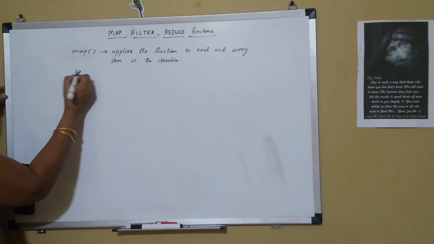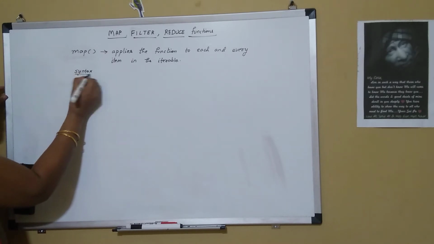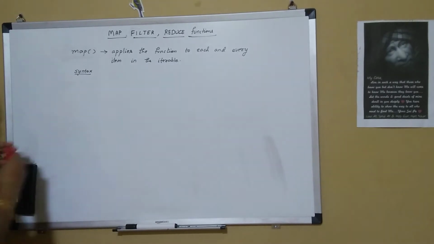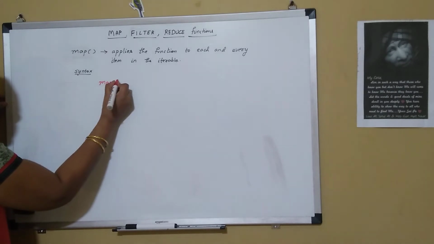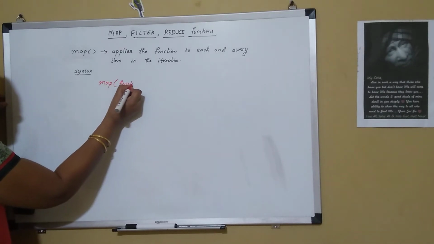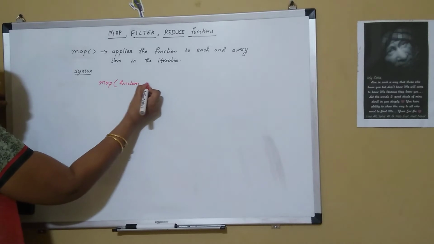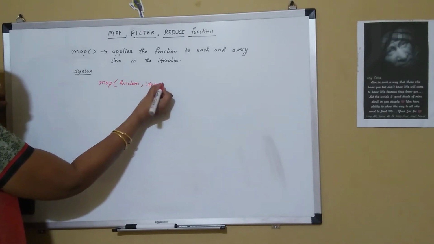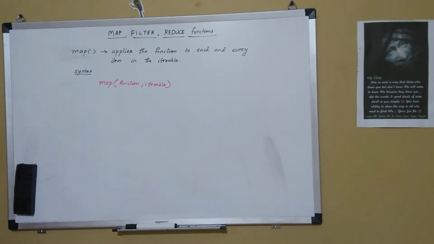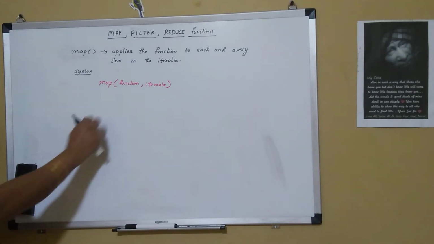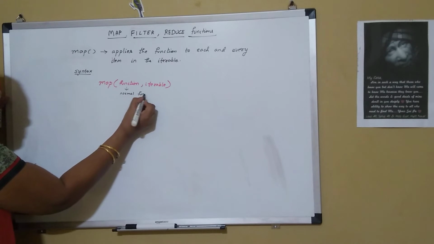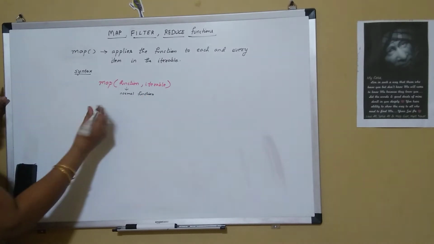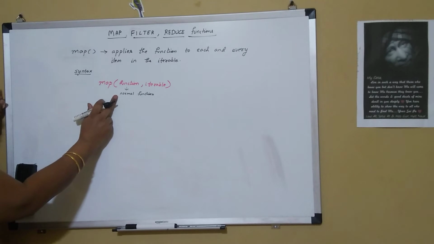The syntax for map function is: map, then a function object and then iterable. So this is the syntax for writing the map function. The function in this case can be a normal function. When more expressions are required, we can go in for a normal function.